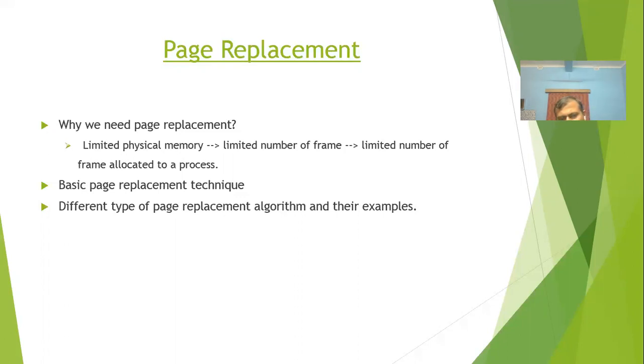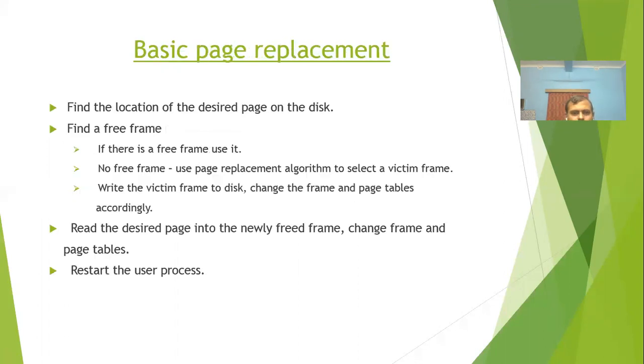So in this way, when we are employing the concepts of multi-programming and virtual memory, we are dividing the entire physical memory among different processes or programs, and we can start a program even if we load only a part of that program into the memory. So in the coming slides, we will review some basic page replacement techniques and the different types of replacement algorithms that we have. So without wasting our time, we will proceed now.